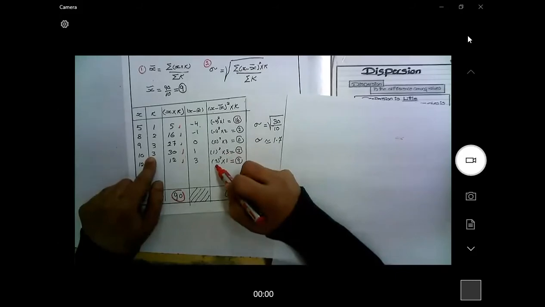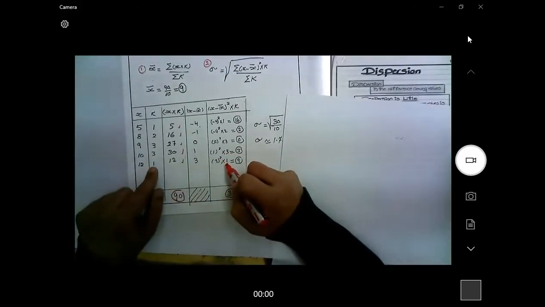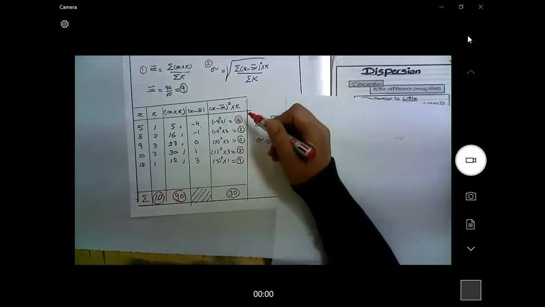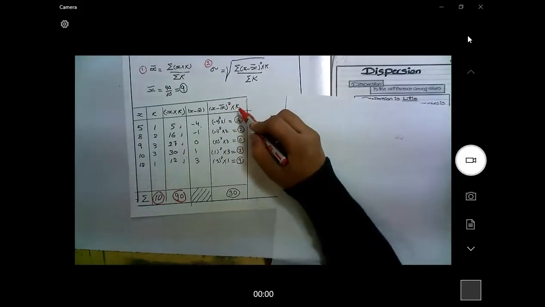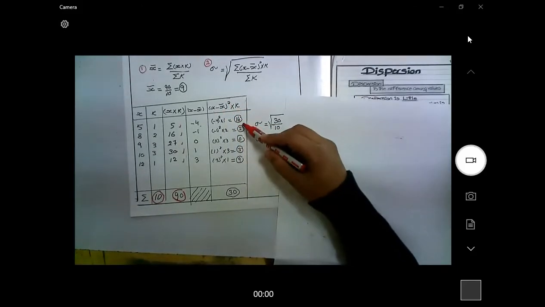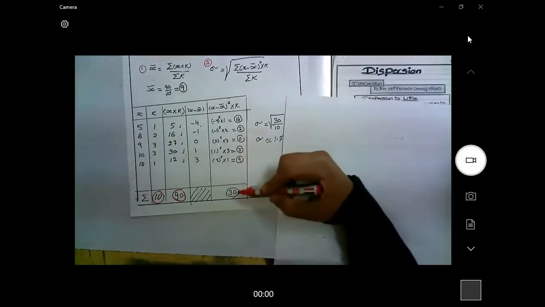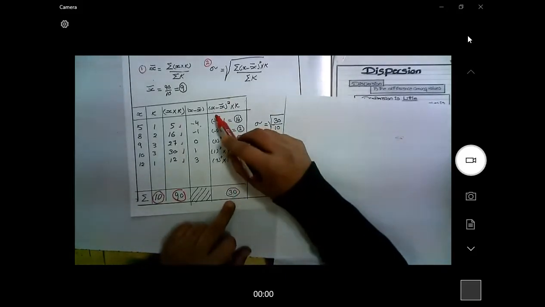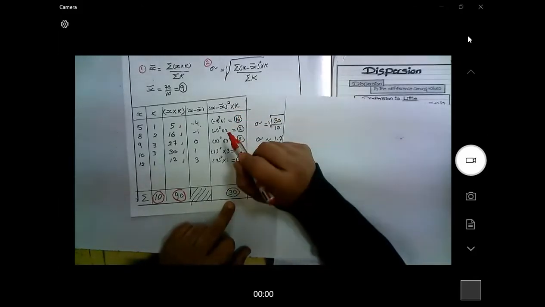The last one, 3 all power 2 times 1 equals 9. We will get the summation of x minus x dash all to the power 2 times k: 16 plus 2 plus 0 plus 3 plus 9 is 30.